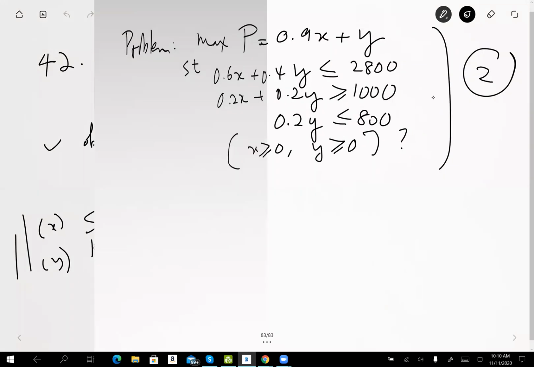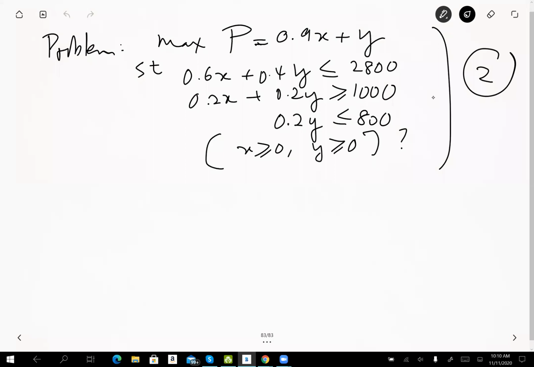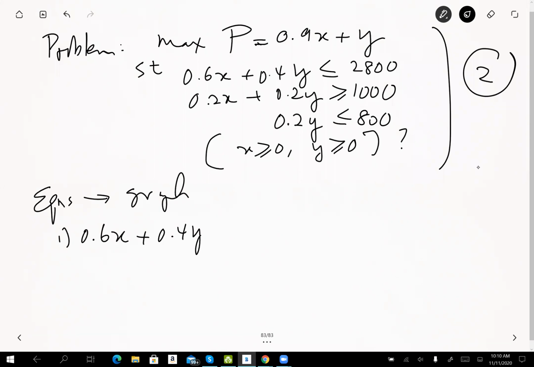That's the first part. Now, the second part, you want to draw the graph. For drawing the graph, you need to find the corner points. So you need to find the equations, because I want to draw the graph. So the equations for the inequalities, you have number 1, 0.6x plus 0.4y equal to 2800.